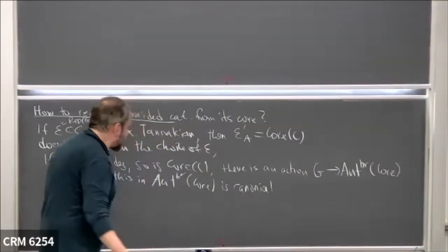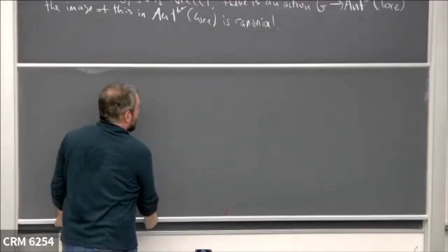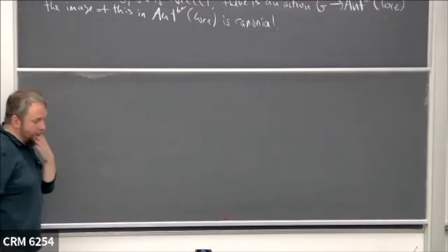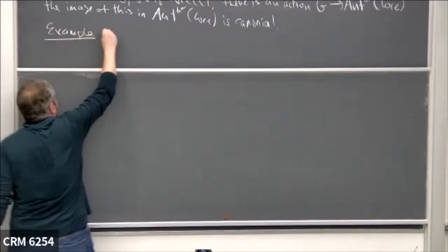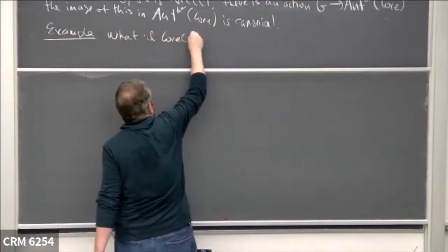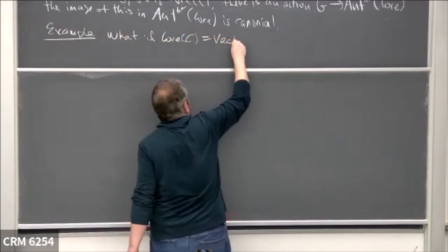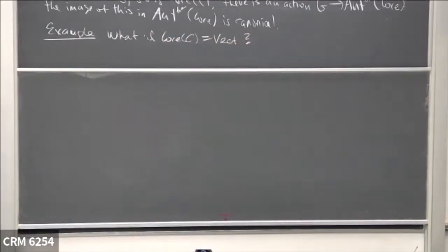Now, to illustrate the kind of problem we are trying to solve, let us consider the simplest example. What if the core of C is trivial, the category of vector spaces, the smallest possible? What can we say about our category then?